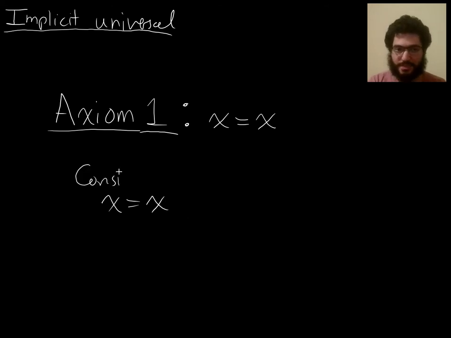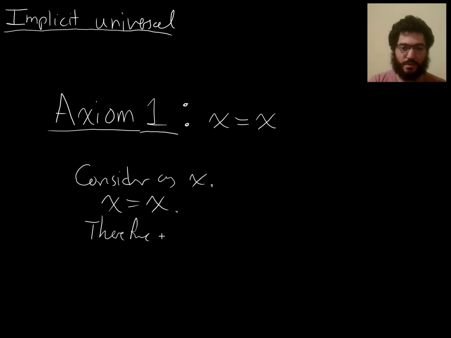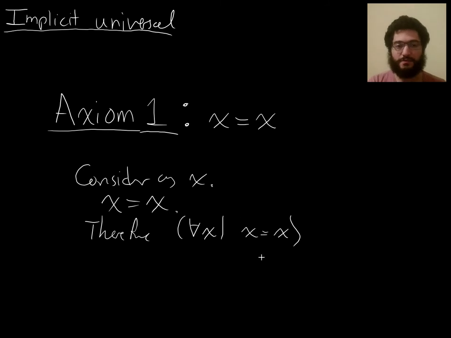So if I just stick some words around it, consider any X, then X equals X, here is a perfectly valid UG, universal generalization, type argument for this. Everything equals itself.